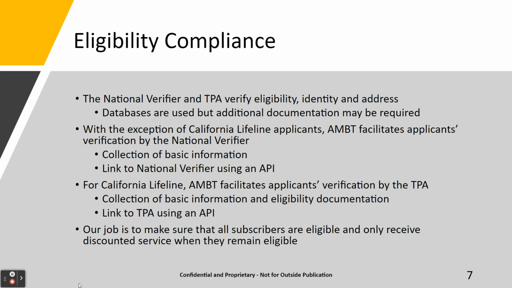So, what can go wrong? The National Verifier and TPA have limited database access. They do not have the ability to electronically verify income or program-based eligibility for many programs. When an applicant cannot be verified electronically, submission of documentation to prove eligibility is required. We can help by screening out bad documentation and by facilitating applicants' identification of good documentation.